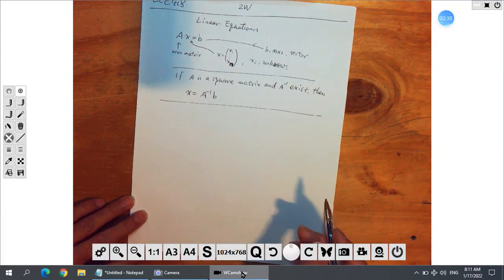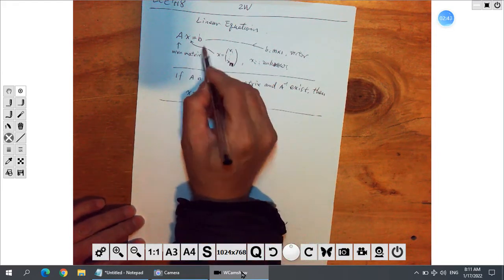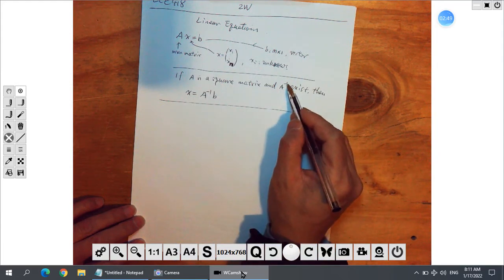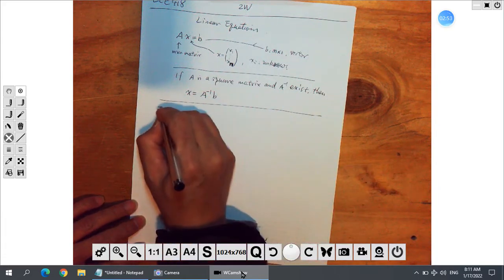Now we consider more advanced cases. We consider M and N maybe different, or even the same, but we do not have the inverse matrix. Let's start from an example.